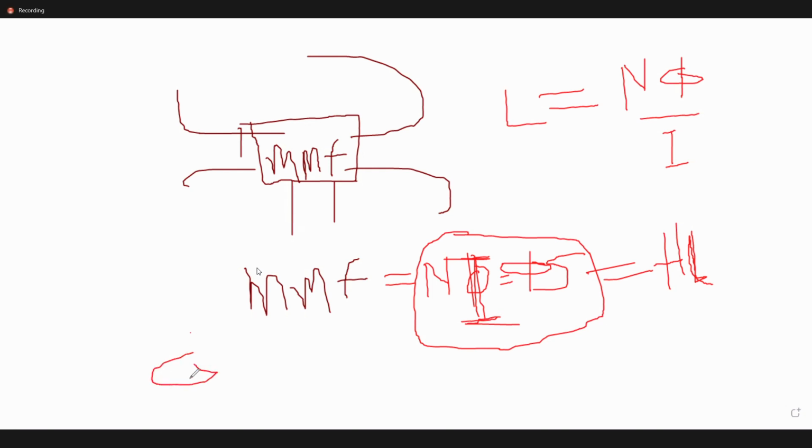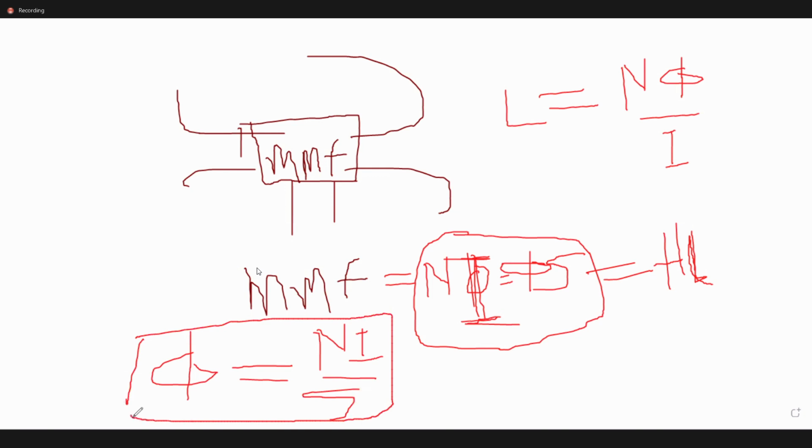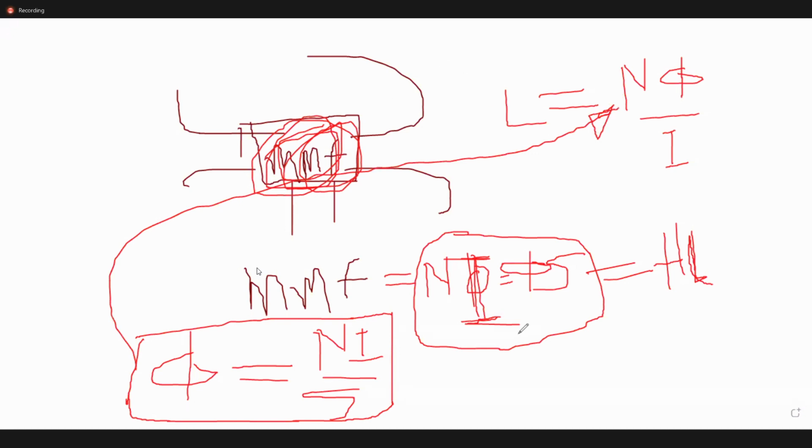Phi is equal to Ni by S. From the MMF formula, we can calculate the flux phi. S is the reluctance for the solenoid. Then Ni is equal to phi S. Therefore, phi is equal to Ni by S. Put this value of phi in this equation. Clear? L is equal to N phi by I. Put phi here.